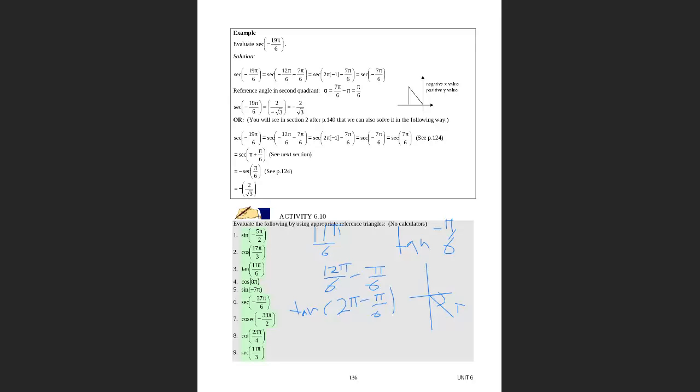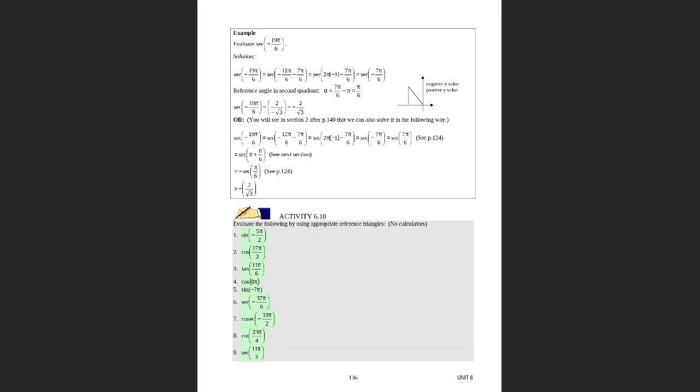But let us not forget that tan is negative in the fourth quadrant. Your answer must be negative. So we are going to have, if I'm not mistaken, negative 1 over root 3 or something. But you can do that yourself.